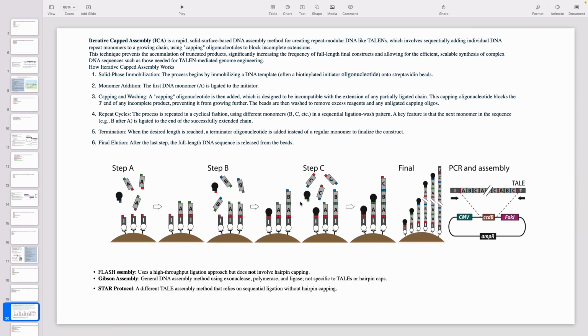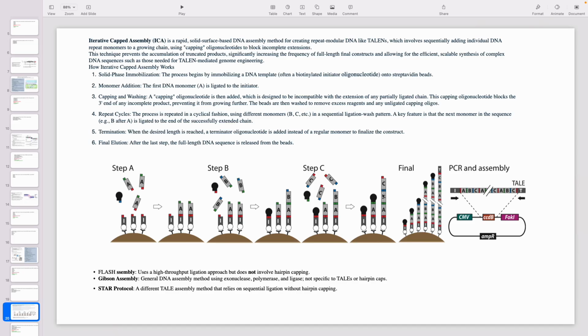The beads are then washed to remove the excess reagent and any unligated capping oligos. This cycle is then repeated in a cyclic fashion using a different monomer, B, then C, in a sequential ligation and wash pattern. A key feature is that the next monomer in the sequence, for example B after A, is ligated to the end of the successfully extended chain.